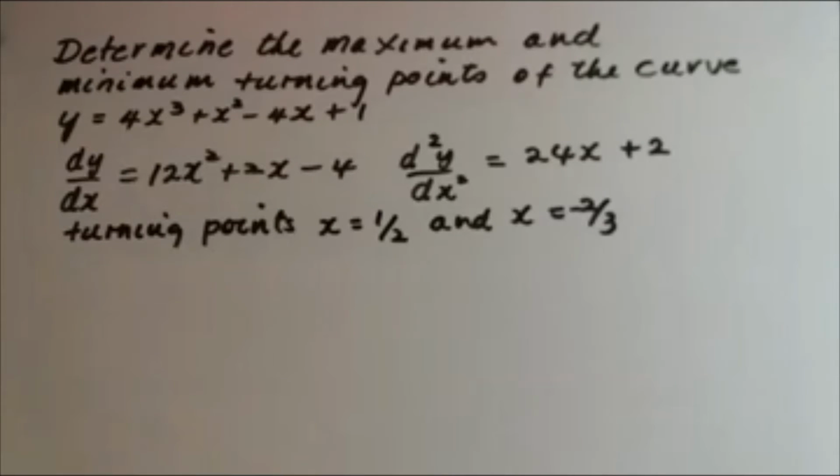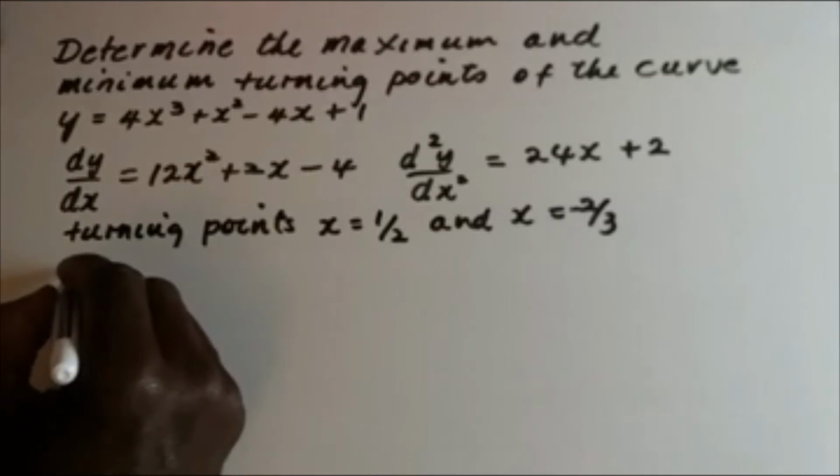There's something else I'd like to review just so that you have a good understanding as to why we calculated the first and second derivative. I mentioned it early on, but I'm going to state it here.